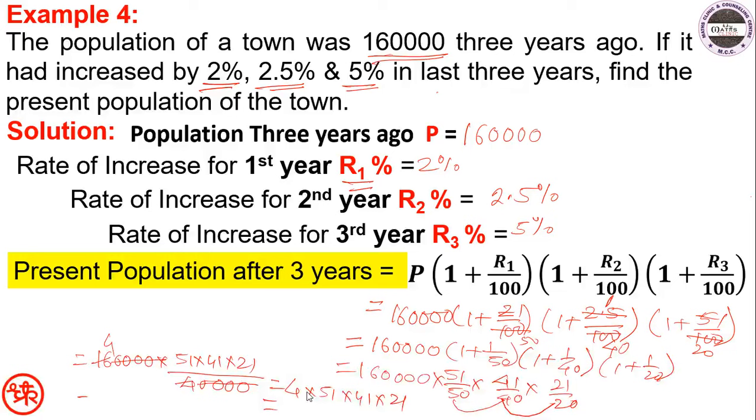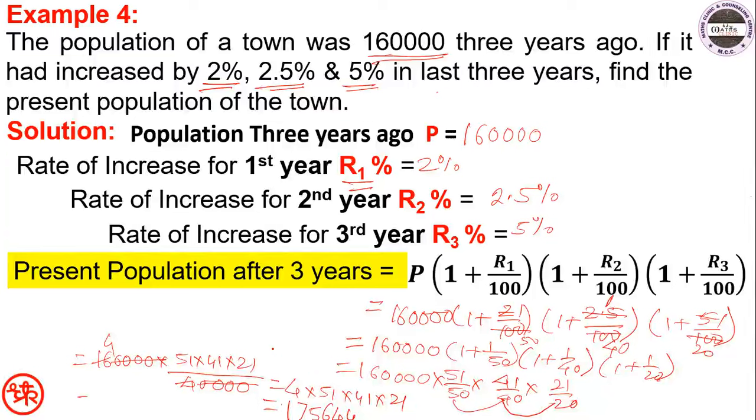So what is the multiplication here? 4 into 51 into 41 into 21. That is 1 lakh 75,644.